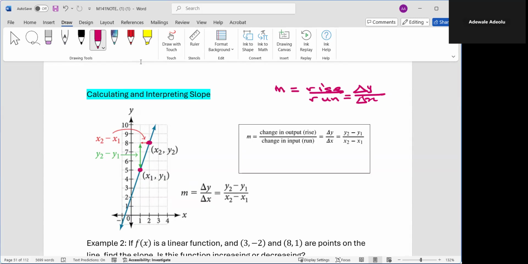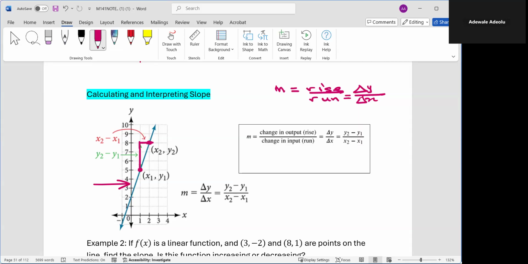So if I have the 2 points, I make a right triangle there. If I'm reading my graph from left to right, you will see that the y value is increasing. So I'm expecting that in this situation, the slope should be positive.